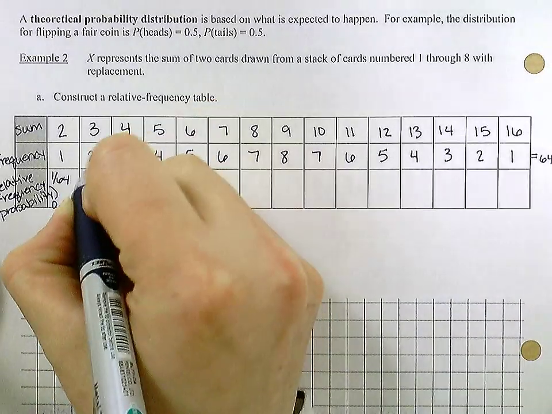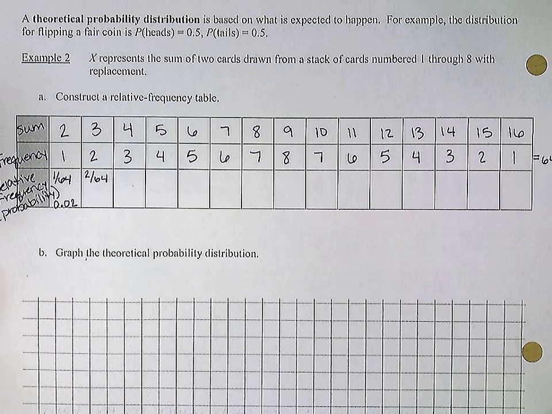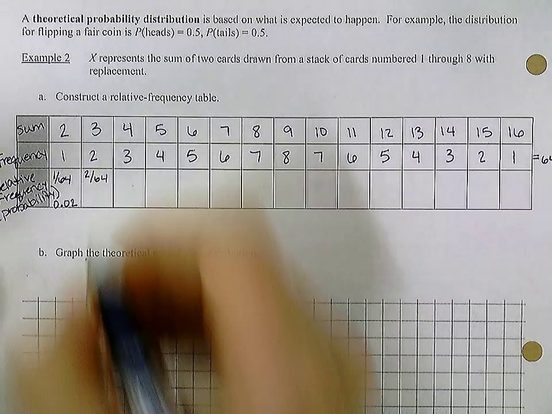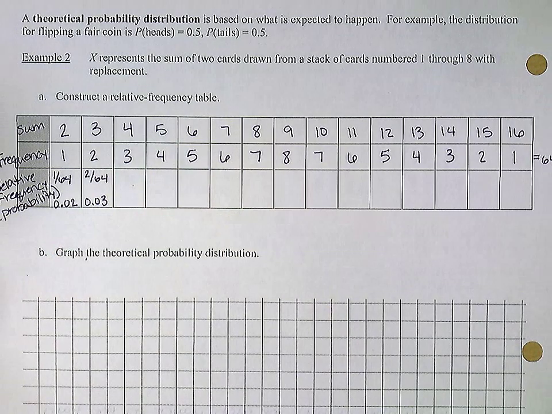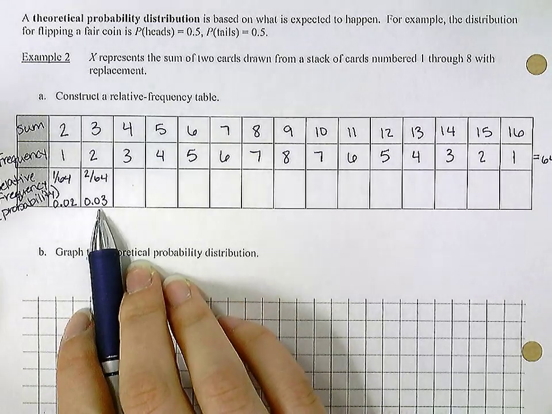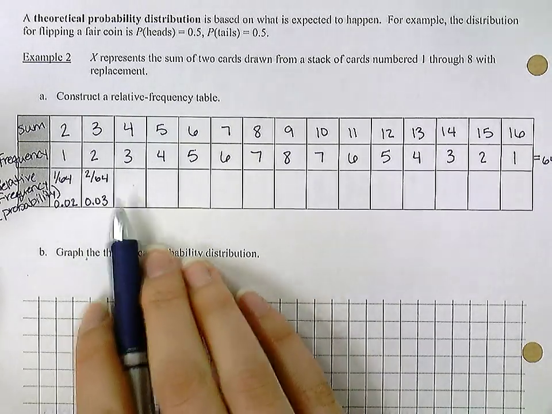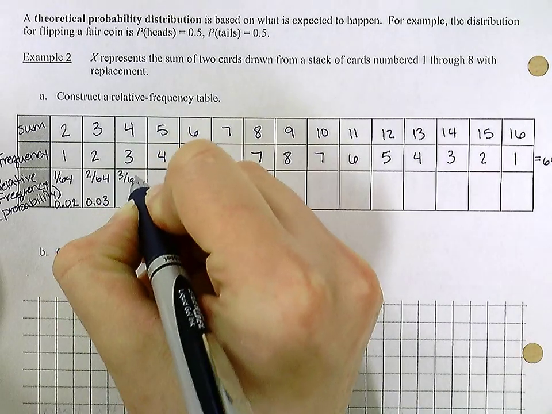So to find its probability, take 2, divide by 64. Would we write it as 1/32? Not in this way. You can reduce it, yeah. Okay, so I have 0.03 as my probability. Next one, we have 3 out of 64.